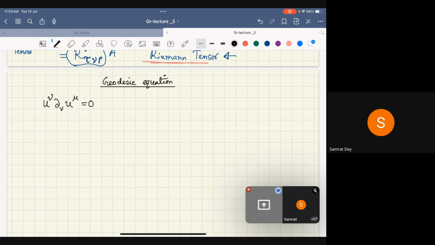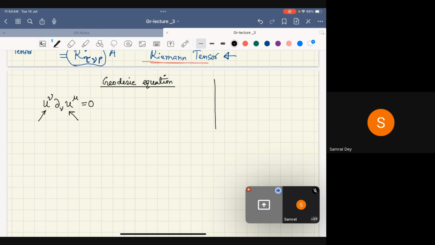And we gave a very simple definition: if we take the tangent vector to a curve and ask how much the tangent vector changes along the direction in which it is moving along the curve, then the answer is 0. This is your tangent vector, and this is the change in the tangent vector as we go ahead along the curve.